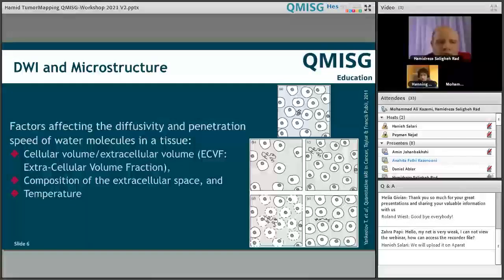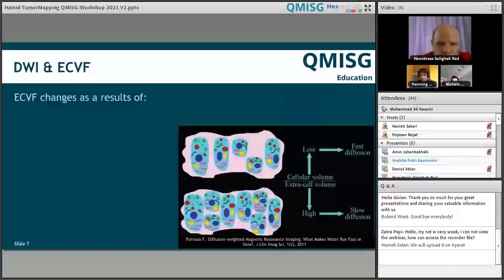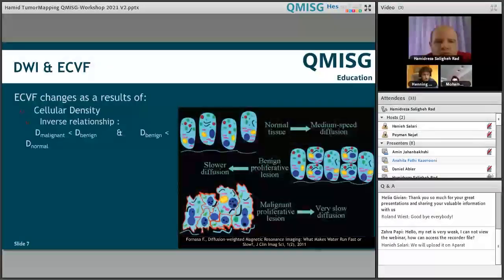We know that diffusion MRI talks about microstructure, with biomarkers like extracellular volume fraction, which is defined as cellular volume divided by extracellular volume, and is really helpful. Let us look at extracellular volume fraction and the changes of this biomarker in different scenarios.